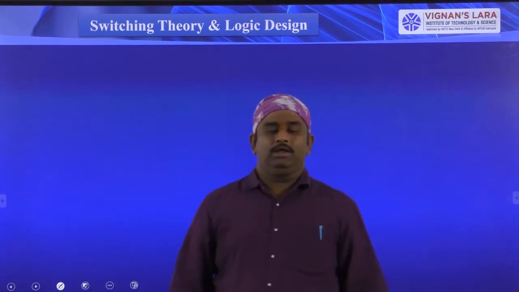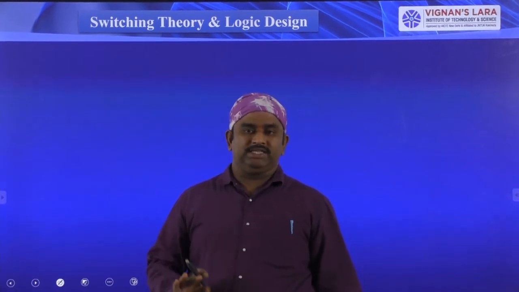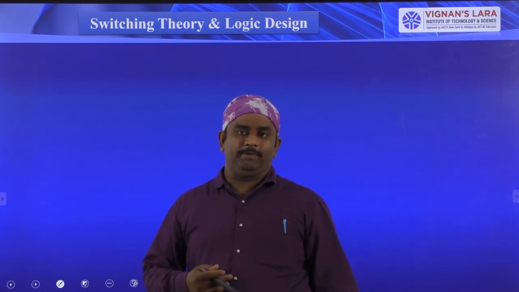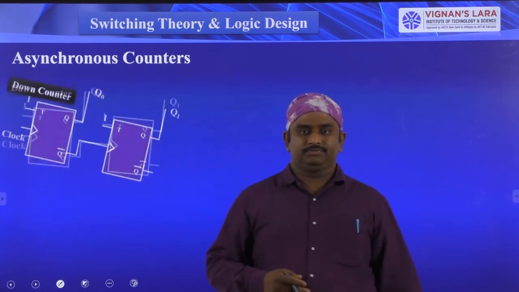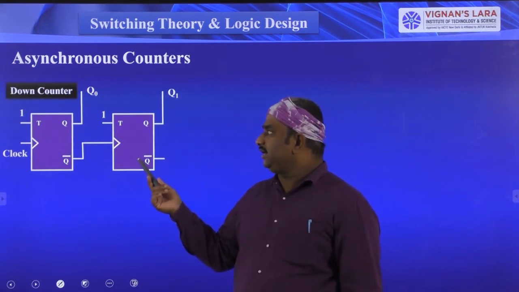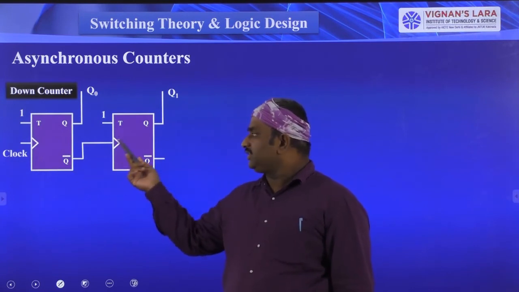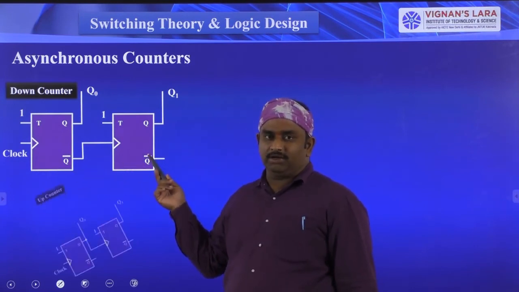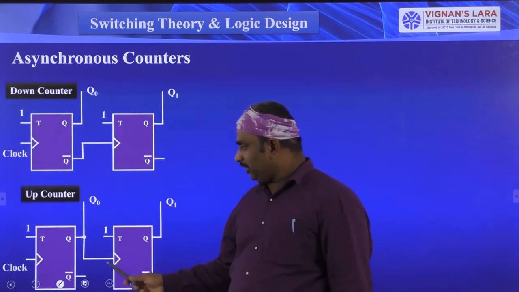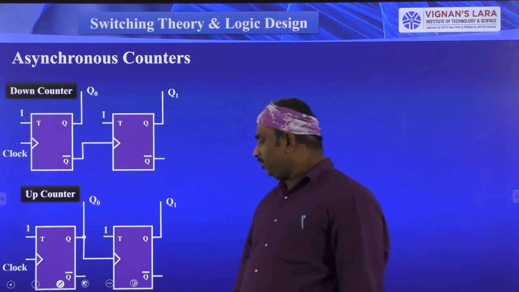Okay, right. Let us see the review of our 2-bit asynchronous and synchronous counters for the up and down counting operations. Here we have the asynchronous counter. In the down counting operation, the complemented output is connected to the clock pulse of the second flip-flop, and in the up counting operation the first flip-flop output is connected to the second flip-flop clock signal.